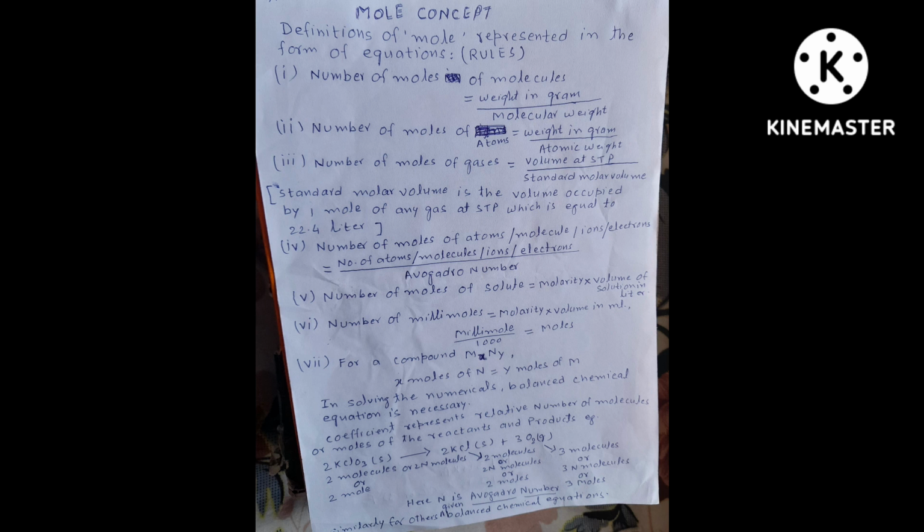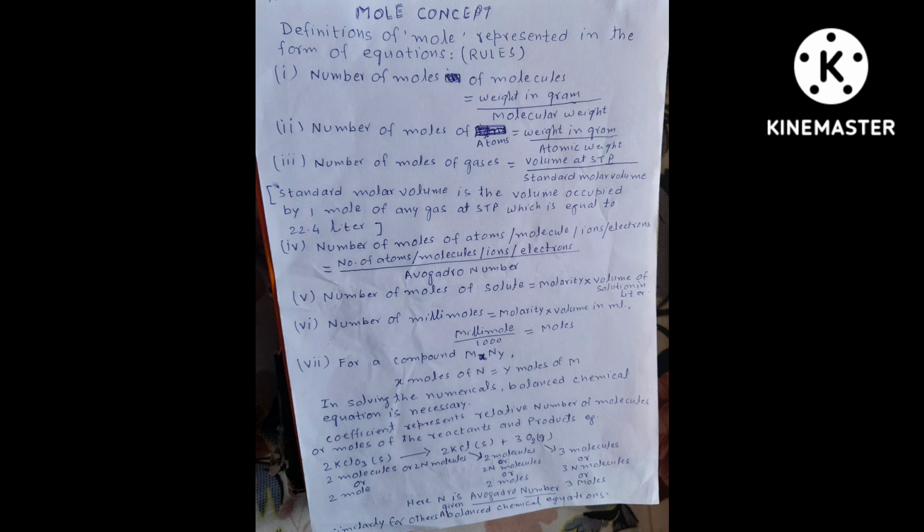Similarly, one more example I want to give you, that is C2H5OH, ethyl alcohol. It looks big, but you have to follow the same way. Here carbon is 2, hydrogen is 5 plus 1, 6, and 1 oxygen is there. Just follow the same way.